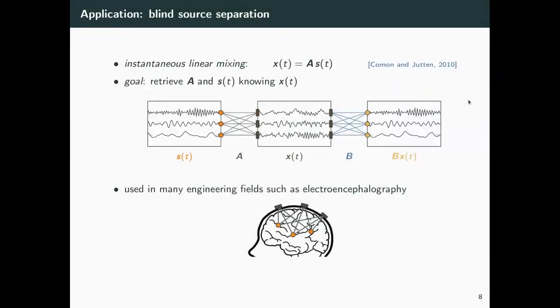Okay, so there are many applications, and in particular for electroencephalography, where we have different sources in the brain that propagate through the brain and the skull to electrodes, and this is typically this problem here that we have. So joint diagonalization allows to solve these kind of things.